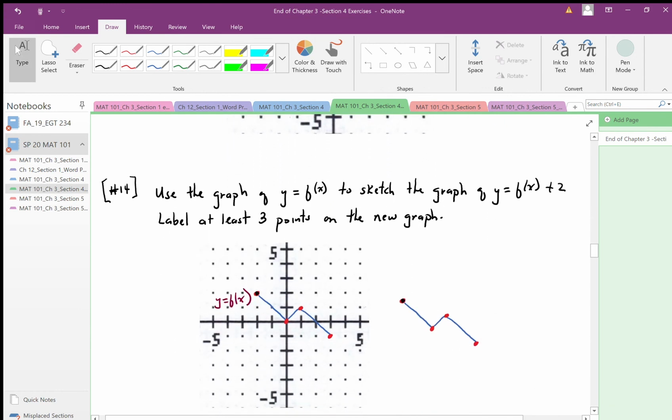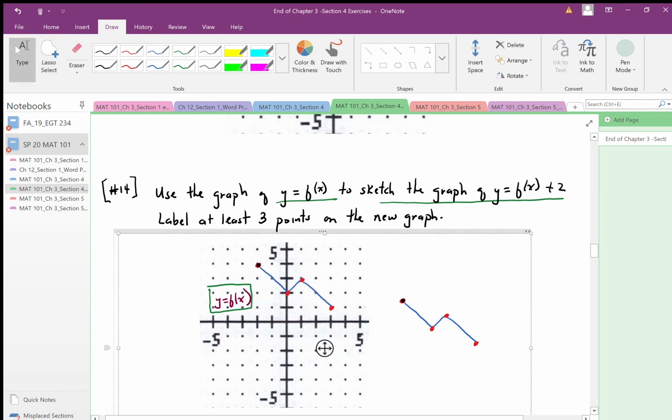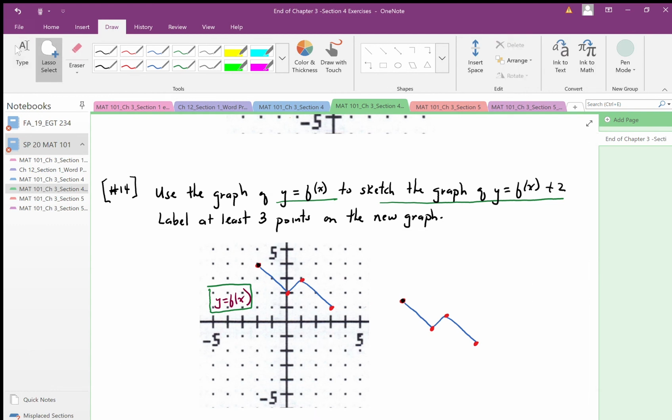Let's go one more. This is our y equals f of x, and they want us to sketch the graph of f of x plus 2, and label at least 3 points. In other words, we are to move this graph up by 2 units. Now we can get rid of this.